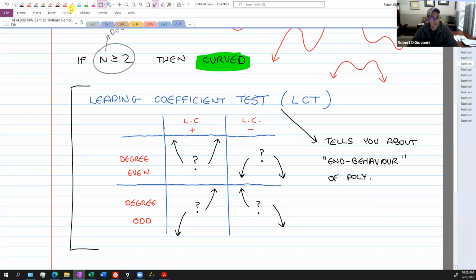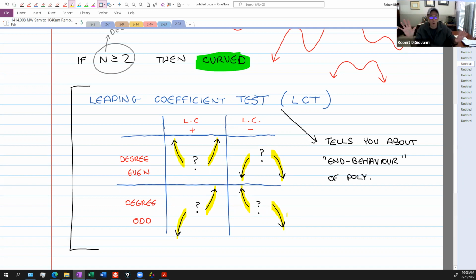Either both sides are going to go up, or both sides are going to go down, or the left side's going to go down and the right side's going to go up, or the left side's going to go up and the right side's going to go down. Those are the only four possible things that can happen with polynomial functions. Both sides up, both sides down, left side down, right side up, left side up, right side down.